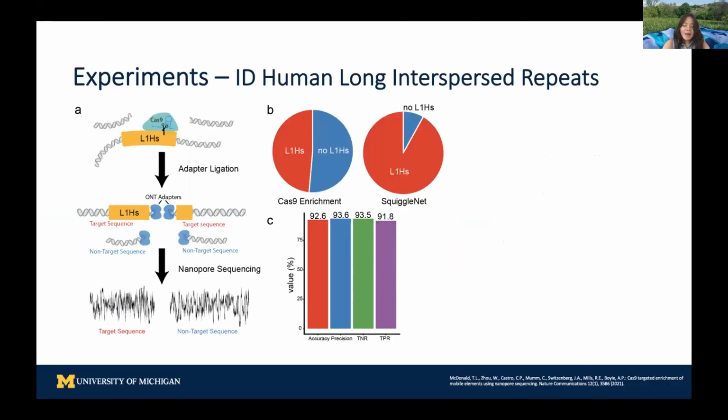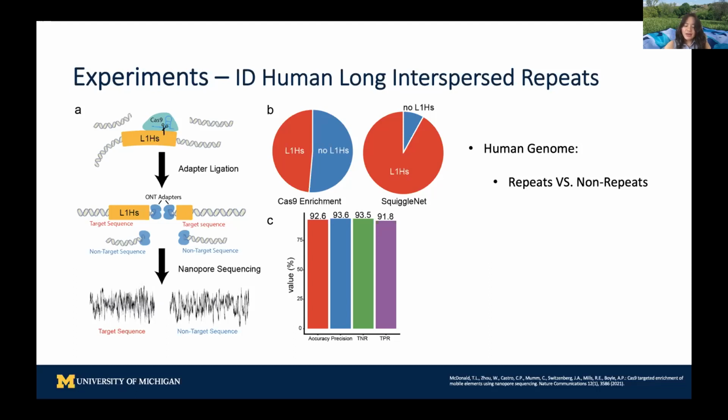Lastly, classifying species is useful for many applications, but distinguishing among different loci from the same species would significantly expand the settings in which SquiggleNet can be applied. To investigate whether SquiggleNet can be used to enrich loci of interest within the same species, we compared our method to a recently published enrichment protocol that enriched specific families of interspersed repeat elements using Cas9 directed adapter ligation.